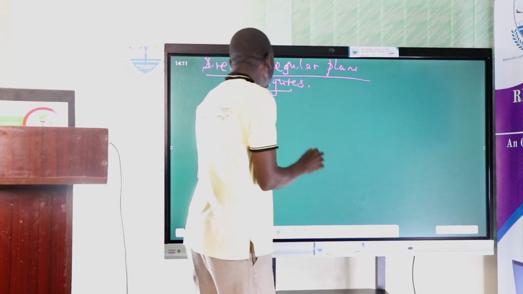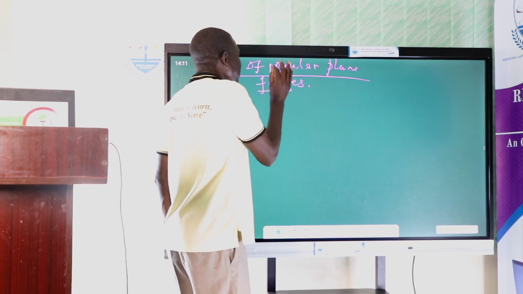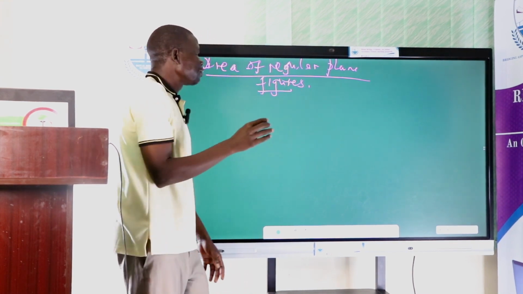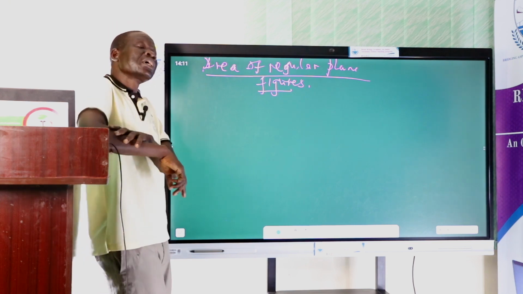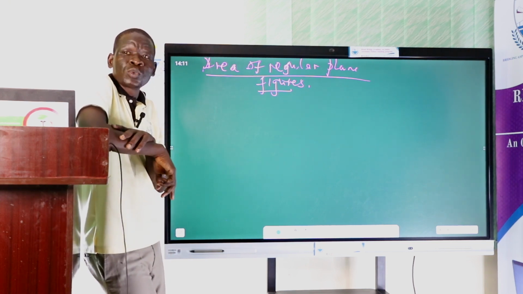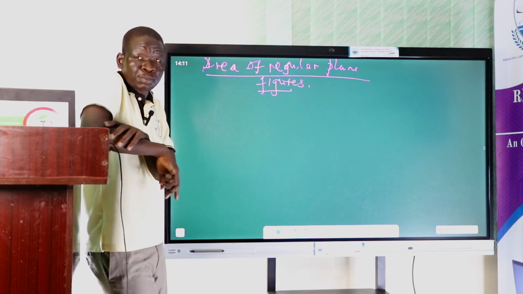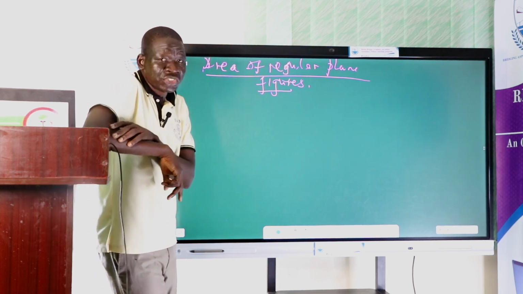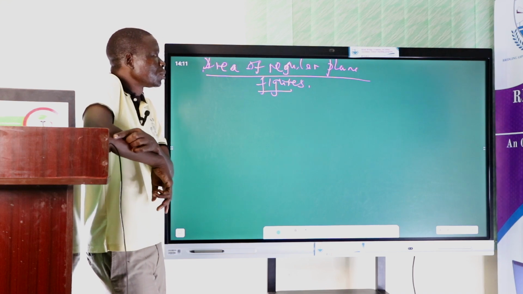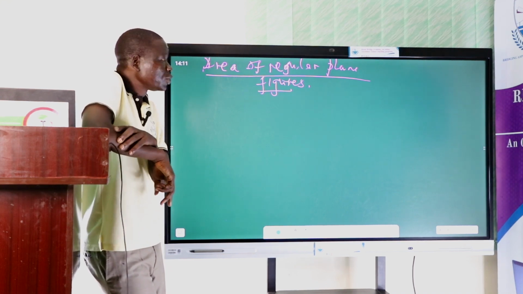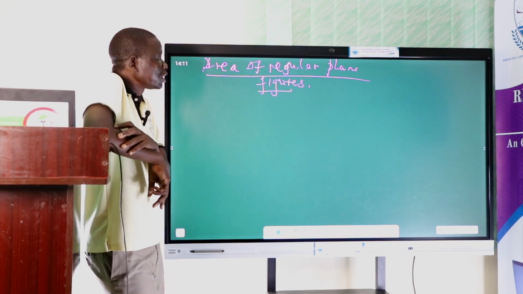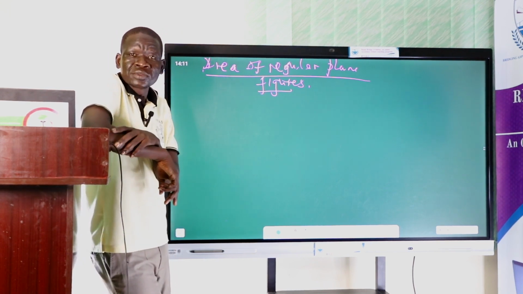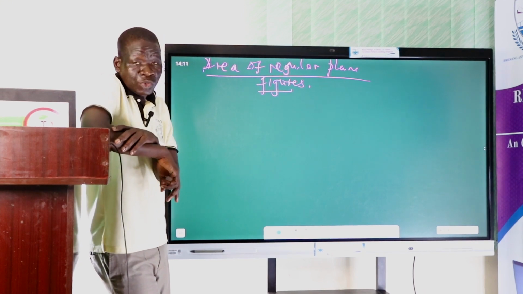When we talk about the area of regular plane figures, the regular figures are those figures which have a shape. For example, we have a square, a rectangle, a triangle, and so forth.